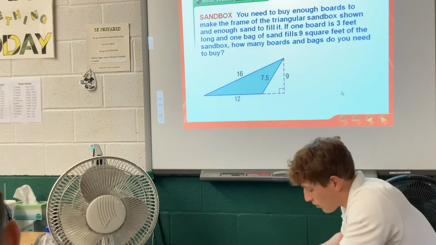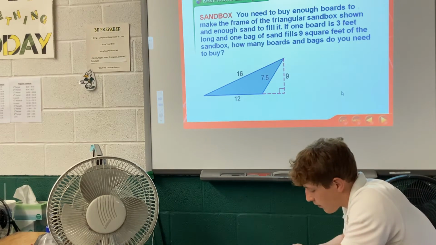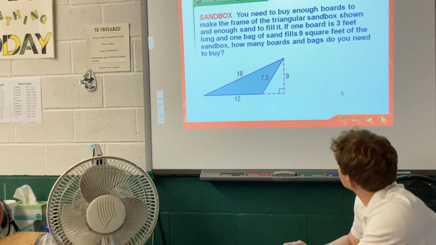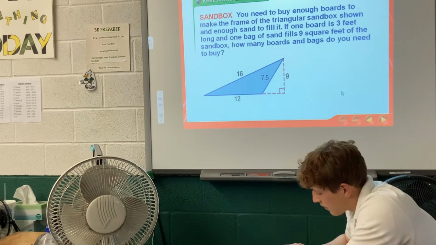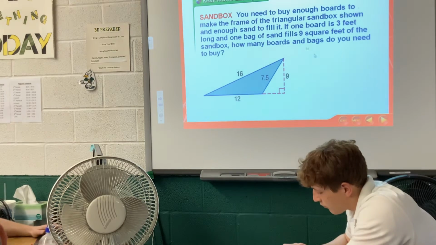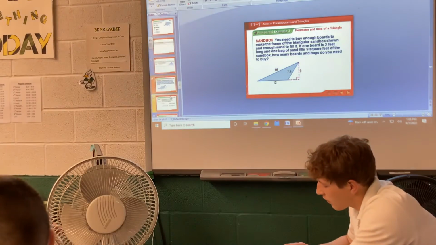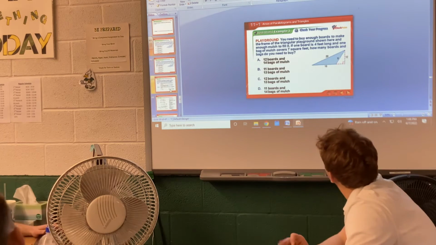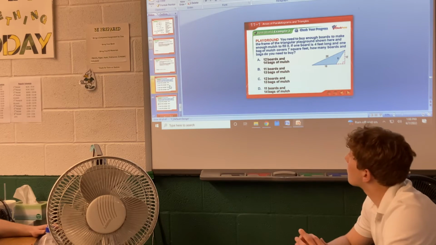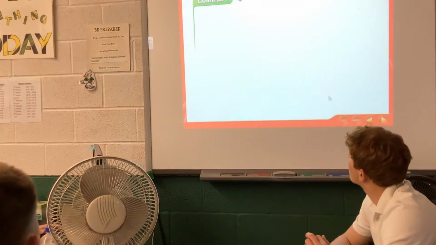If you're asked to find the perimeter again, you would not use the 9. So we do 12 times 9 divided by 2 to get my area, right? Everybody all right with that? Hopefully triangles aren't real confusing for you.